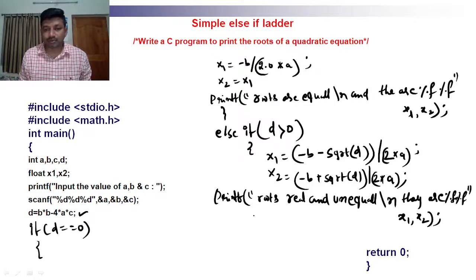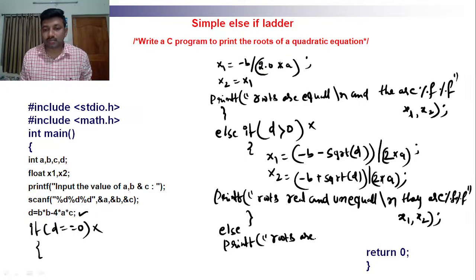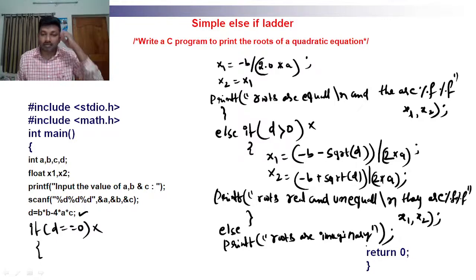So this may be true, or else if this is not true, means this is false, then worst case we go with the else. What is the else? Simply printf roots are imaginary, if d is less than 0. Am I right? So that's it. This is the way the else if ladder will work out.